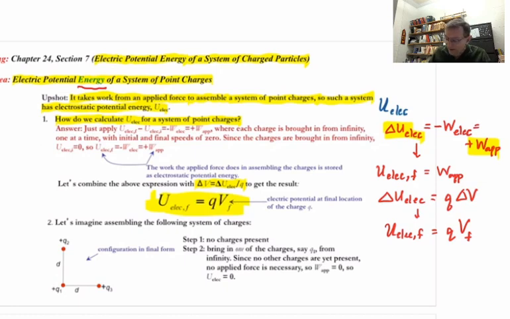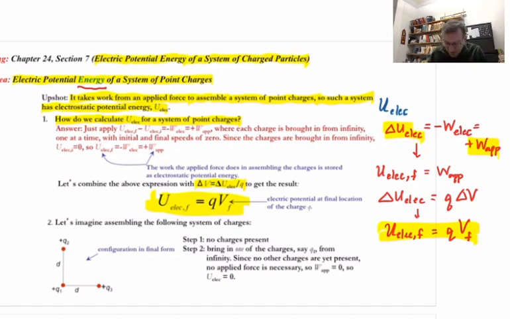And so what I have then is the formula I need. That's it right there. It's also here. The final electrical potential energy that will result when I take a charge Q that was sitting out at infinity at rest and bring it, pull it, and put it where I want and leave it there, okay?